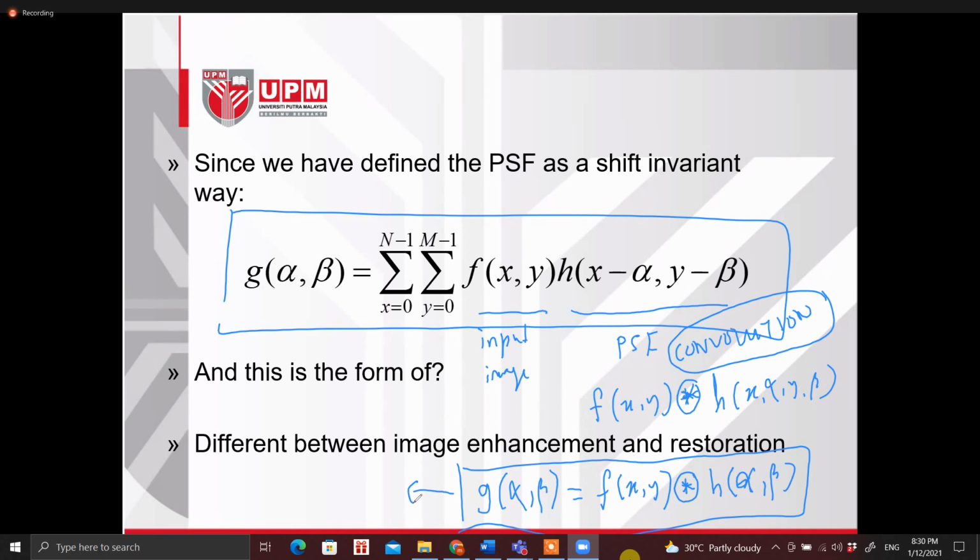And at the end, this particular equation that you saw just now can be further simplified if we use the frequency domain, by saying that G(mu, nu) is actually a product of F(mu, nu) multiplied by H(mu, nu) in the frequency domain.